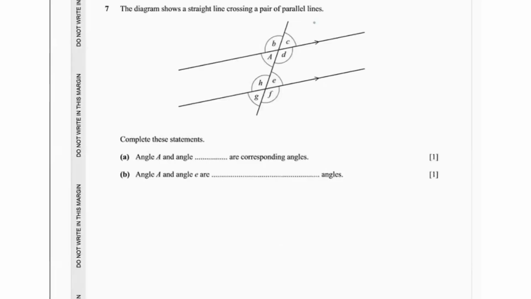Then the diagram shows a straight line crossing a pair of parallel lines. Complete these statements. Angle A and angle blank are corresponding angles.